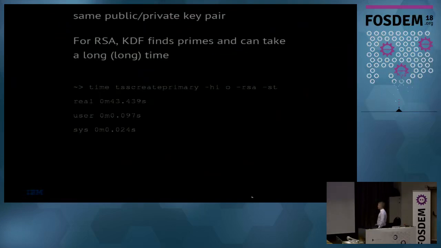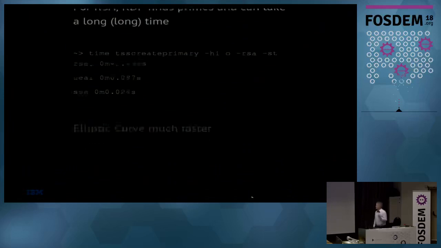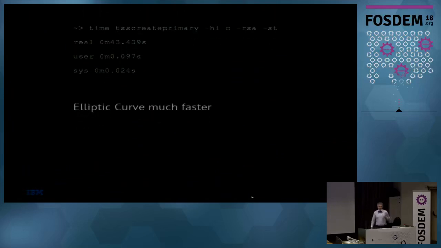So I've actually told it to generate an RSA key from the storage hierarchy. And if you look at the timings, this is on my actual laptop, so this is one of the more modern Nuvoton 6X TPMs. It took it 43 seconds to generate the public-private key pair using the prime generation functions. So this is not something you want to do with every cryptographic operation. Obviously, elliptic curve keys can be generated much faster because of the way elliptic curve works, but RSA keys take an age to generate.